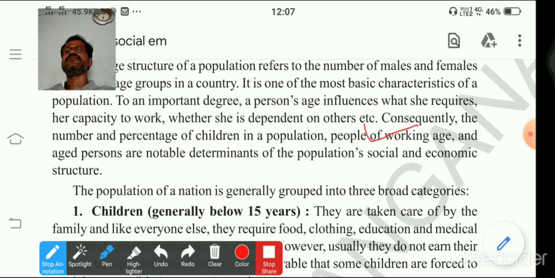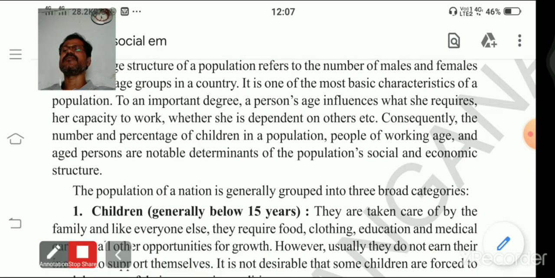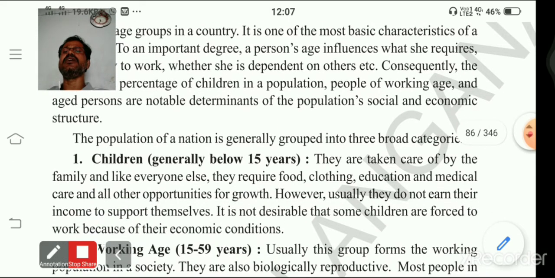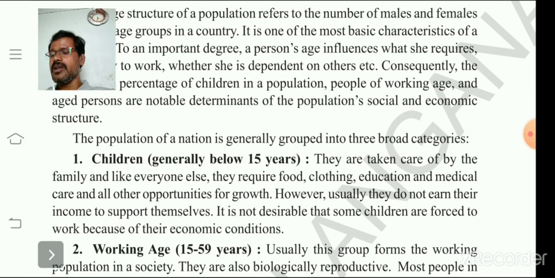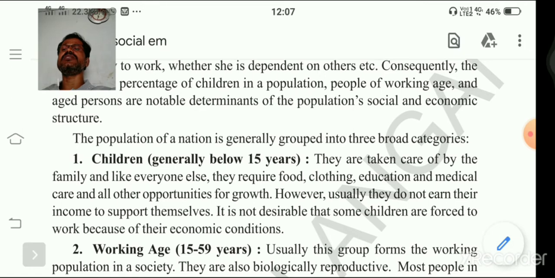Okay, then second is children, and third is old age. Okay, these are the three different groups of people we find in the population. The first one is children. Who are called children?